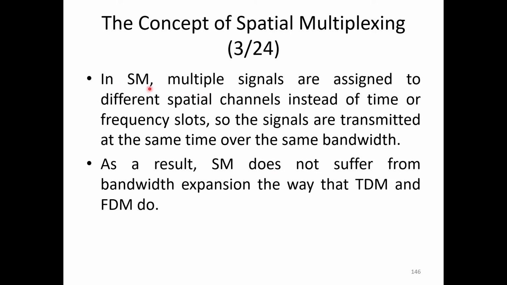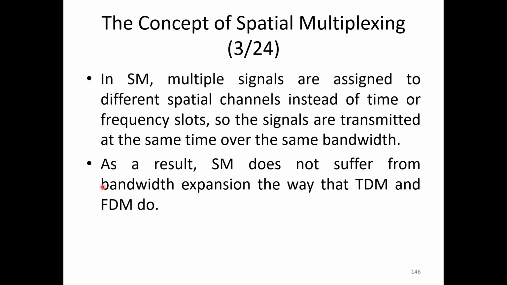Okay, in SM, multiple signals are assigned to different spatial channels instead of time or frequency slots, so the signals are transmitted at the same time over the same bandwidth. As a result, SM does not suffer from bandwidth expansion the way that TDM and FDM do.